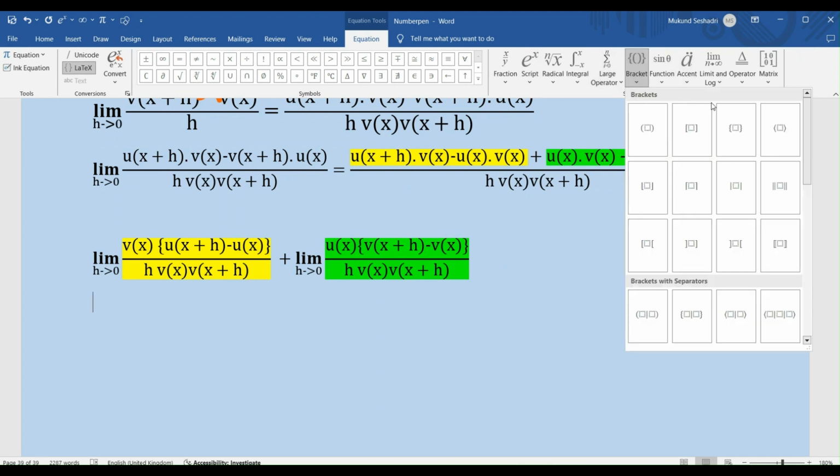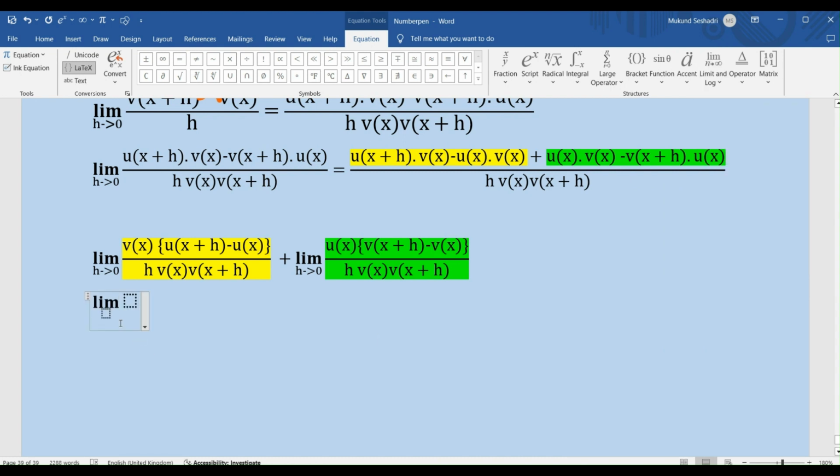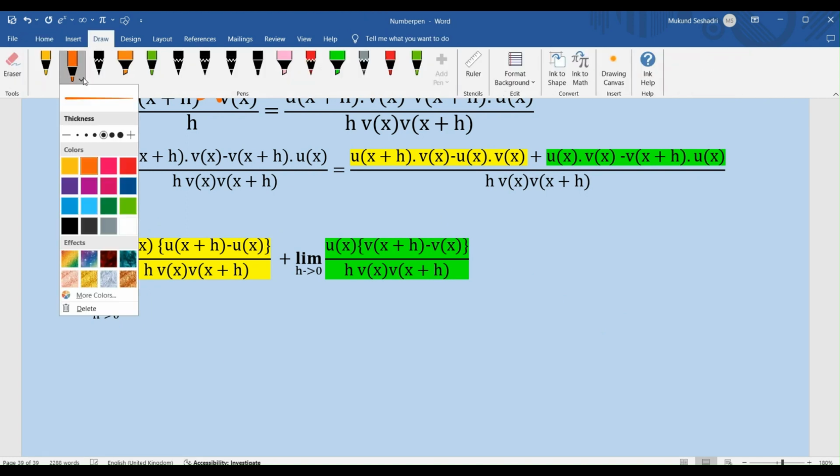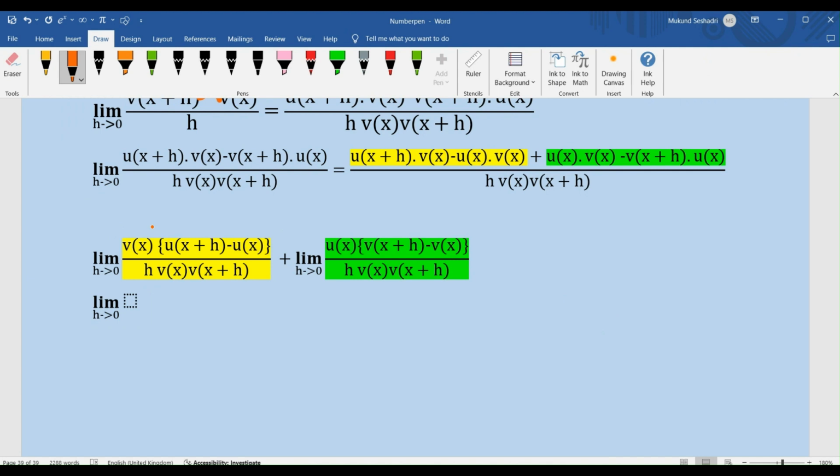I'm going to move to my big brackets. Limit h tending to 0. I have my v of x common in the numerator and in the denominator, so I pick up my pencil and I can cancel out one v of x, and let's see what we do with the other.